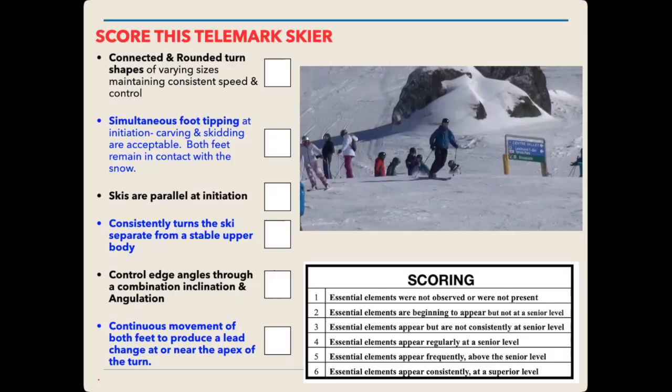Those where the elements aren't showing up consistently, and in some cases not at all, then we have to score those below 4. We're not looking at whether they are doing it for every single turn, every single movement. We're looking for patterns. We're looking for behaviors that are exhibited throughout the run. So let's watch the video one more time and allow everybody a chance to record their scores.